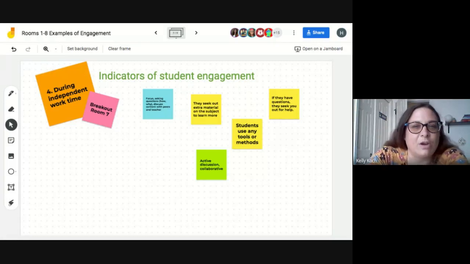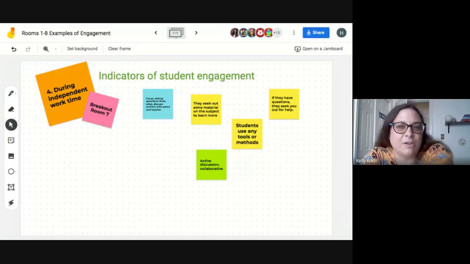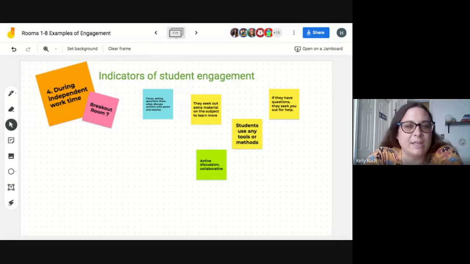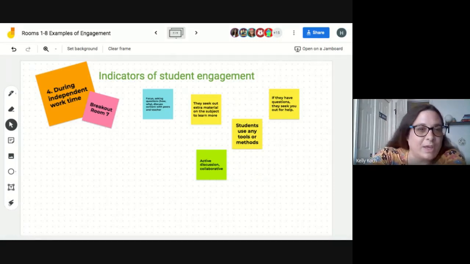Some things listed in the article: they seek out extra material on the subject, they use the correct tools and methods, and they are active in the discussion when doing independent work. And they ask questions when they need to.